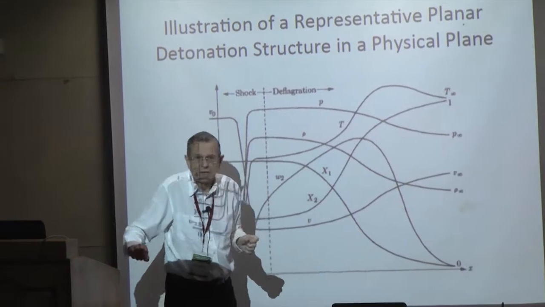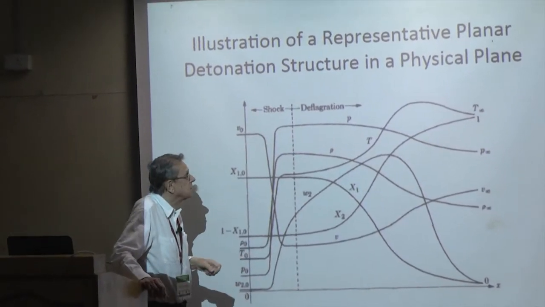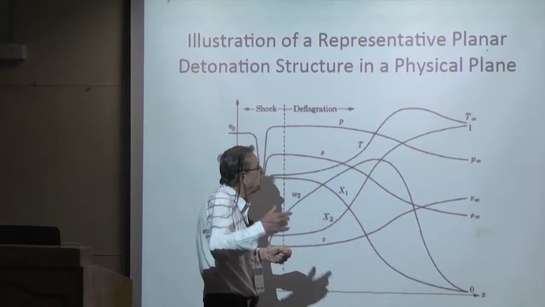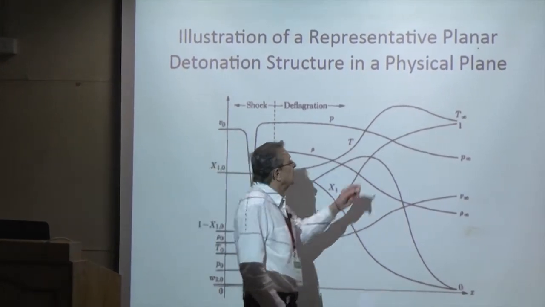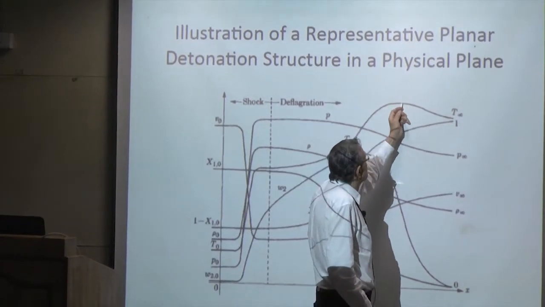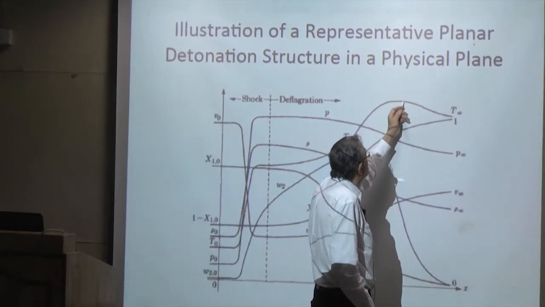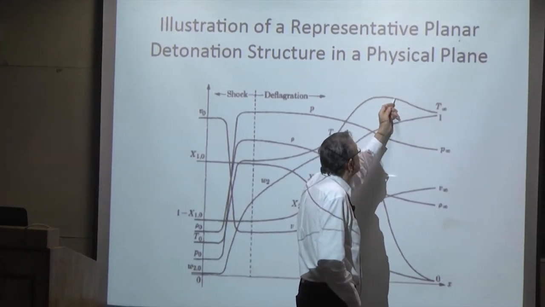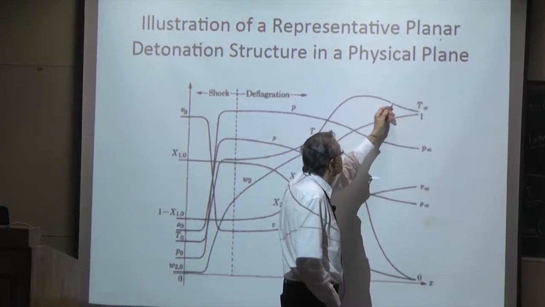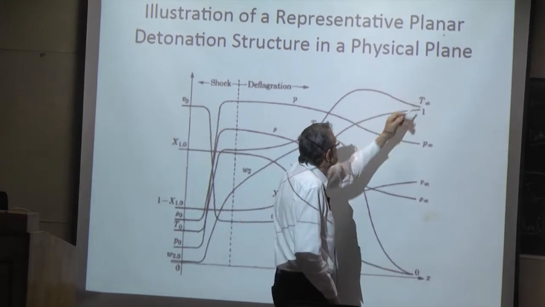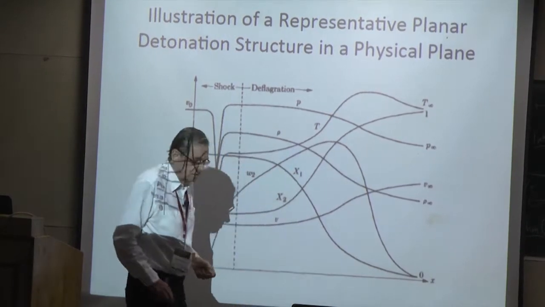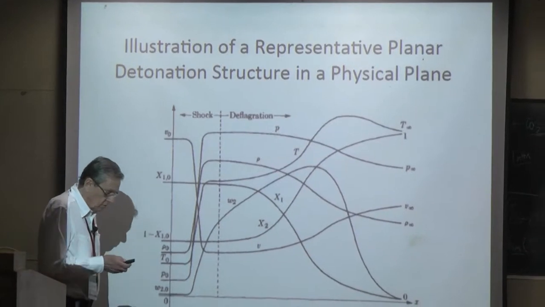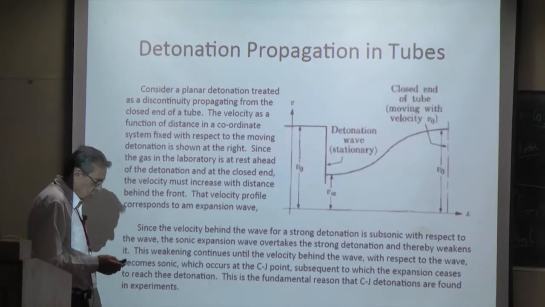If you remember Rayleigh line solutions, as you approach Mach 1, there's transfer of kinetic energy; beyond Mach number 1 over root gamma, there's transfer of thermal energy into kinetic energy as the heat is released. Besides the heat being released, that gives that kind of a temperature profile for detonation structure.